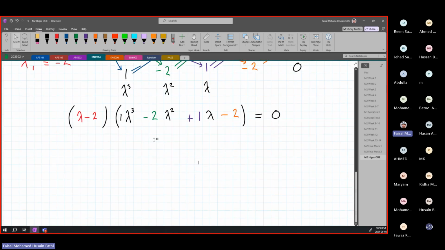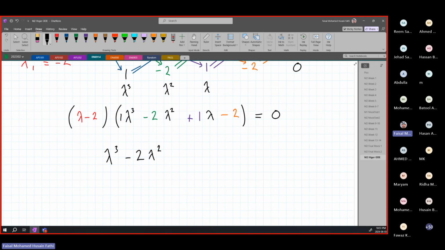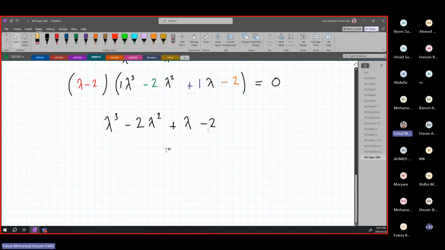Now we are going to apply the same exact method to this part of the equation. So we have lambda cubed minus 2 lambda squared plus lambda minus 2. We are looking at this part only, all right? Equal 0. Again, we will do the same method that we did earlier.